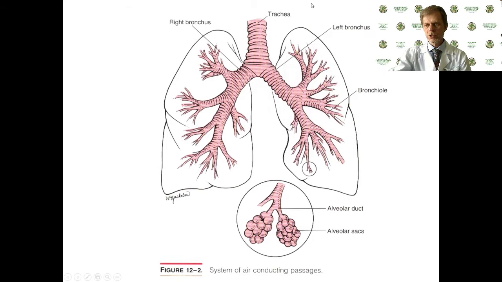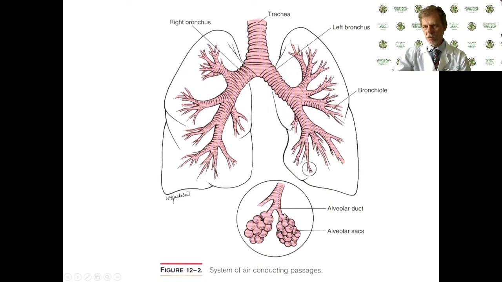Now you know this picture. When we talk about the respiratory system, we talk about the bronchial tree. It starts from the trachea, then left and right bronchus, which divide into segment bronchi, and finally we have bronchioles. And these are airways, tubes to deliver air to alveoli, because gas exchange happens in alveoli.